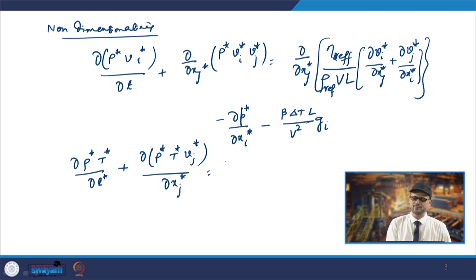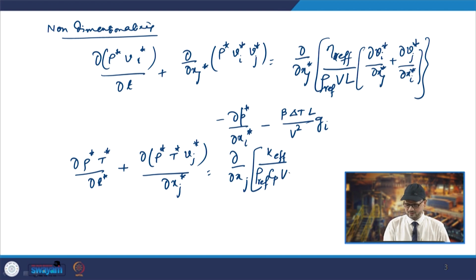So, that will be dou by dou xj of K effective by rho reference, Cp and V L. So, that Cp is coming from this side. So, that will be Cp into V L, and you will have dou T star upon dou xj star.